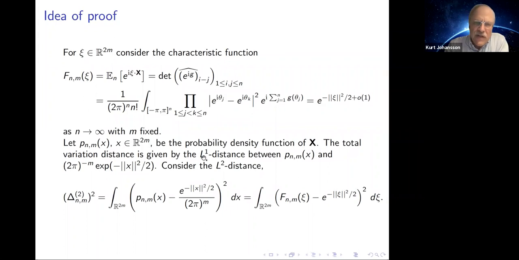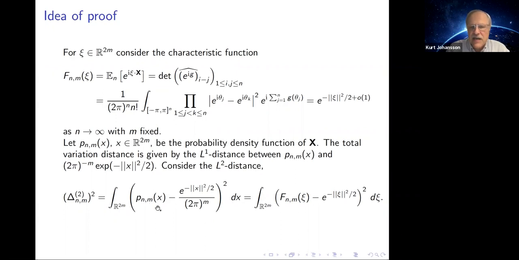So if I let Pn of x be the probability density function of this vector x of traces, then the total variation distance, this is the L1 distance, between this probability density and the probability density of the Gaussian. Since we want to use the Fourier transform, we start by considering the L2 distance instead.